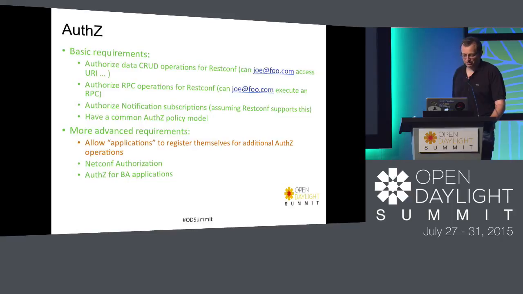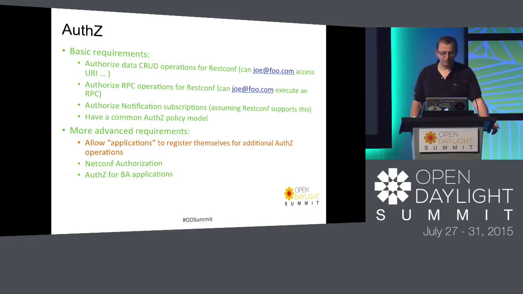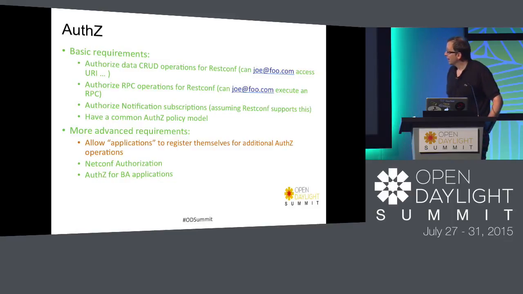Okay, authorization. The basic requirements are that we need to authorize CRUD operations, at least for RESTconf. An example is Joe at foo.com accessing a given URI. We also want to authorize RPC operations and notification subscriptions. This one's a little bit tricky.